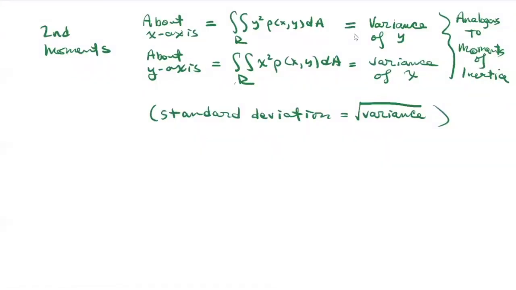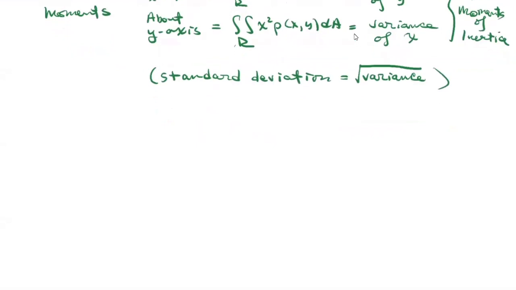Okay, so we're going to add one more thing to the discussion. This is going to go back to the physics material. It has to do with a rotational analogy to center of mass, and it's called radius of gyration.